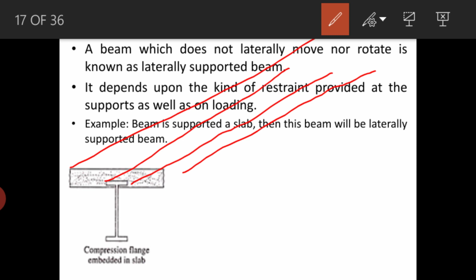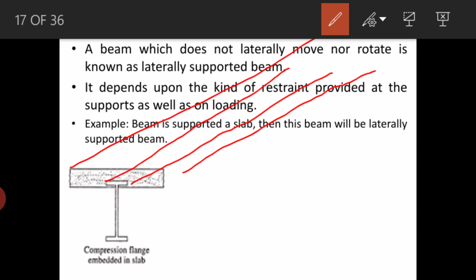If you do not provide any restraint like this, then the flange of the section may buckle for the load acting on it. It may buckle sideward, and hence those sections are called laterally unsupported sections, or laterally unsupported beam. But this is the laterally supported beam, which means a beam which does not laterally move.